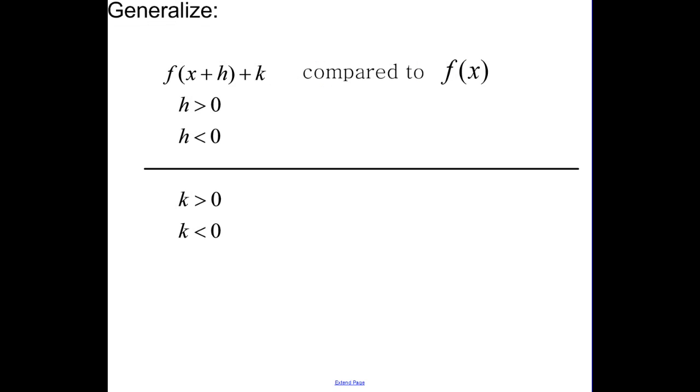All right, so I want to look at this little chart here. It might be confusing right now, I get that, but I want to fill in the pieces. So if I have f of x plus h plus k compared to f of x, when my h piece is greater than 0, that means it's going to move to the left.